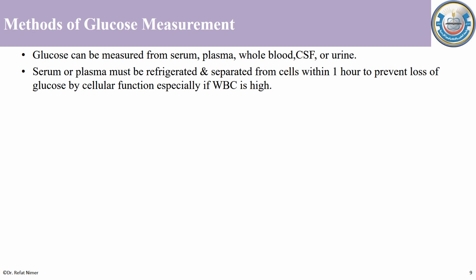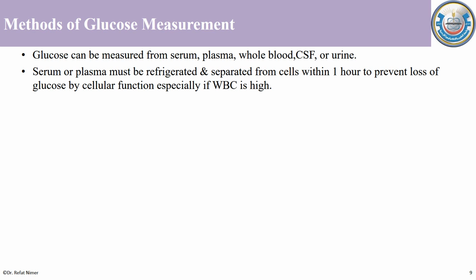treat or analyze your sample as soon as possible, because if you leave your sample without putting it in the refrigerator, then the white BCs start doing glycolysis metabolism and consuming the glucose in your sample.